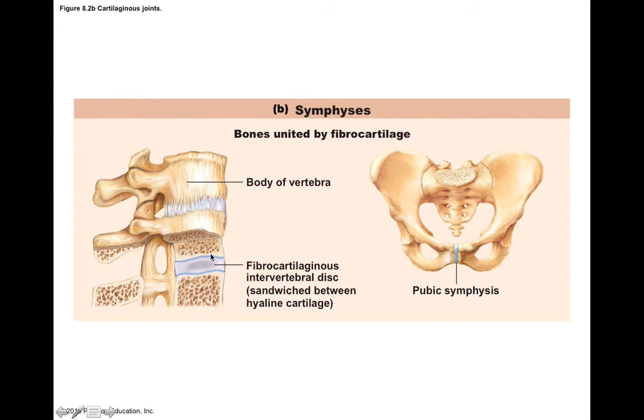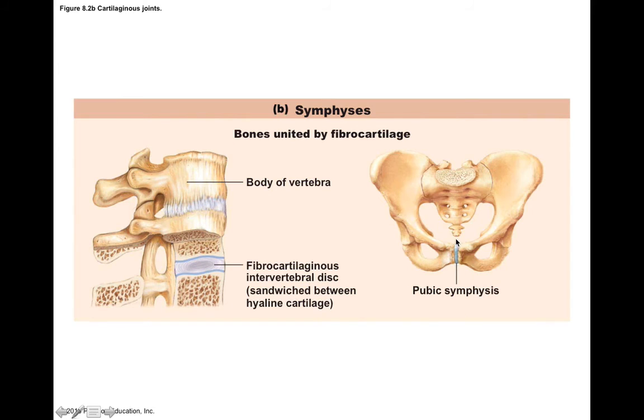Now we still have articular cartilage at the ends of these bones, but in the middle of this joint, we find a nice big plate of fibrocartilage, and this allows for a degree of movability here of the spine. So each individual intervertebral joint of your spine can move a little bit, which means that the whole spine can move quite a bit. Now that's an example of a symphysis joint because it's made by fibrocartilage.